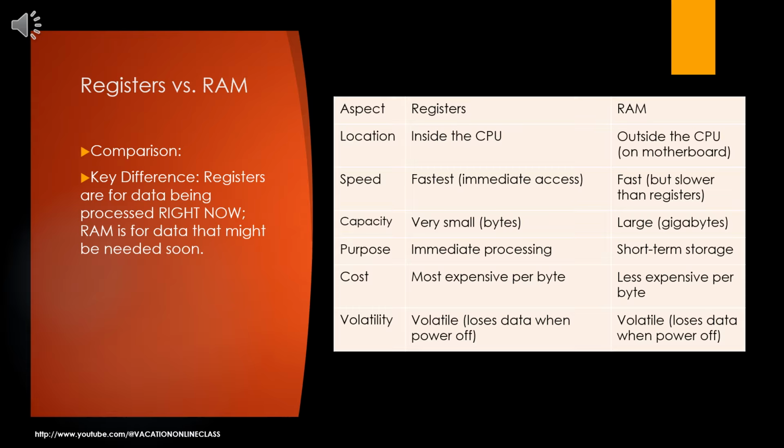In summary, the CPU uses RAM as a large warehouse for everything it might need during a session, but it uses registers as its personal desktop to hold only the specific tools it is using at this exact microsecond.